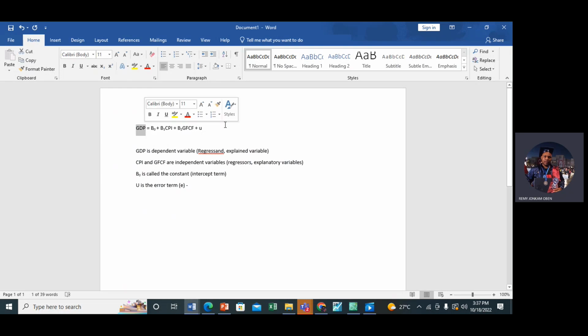We cannot list all of them in this model, else our model will be very long and we'll have thousands of variables. So we include this error term. This error term accounts for the other factors which might affect the dependent variable, but which we don't want to include in the model. So you should know what the error term means. Another name for the error term is residuals, or you can call it the disturbance term.